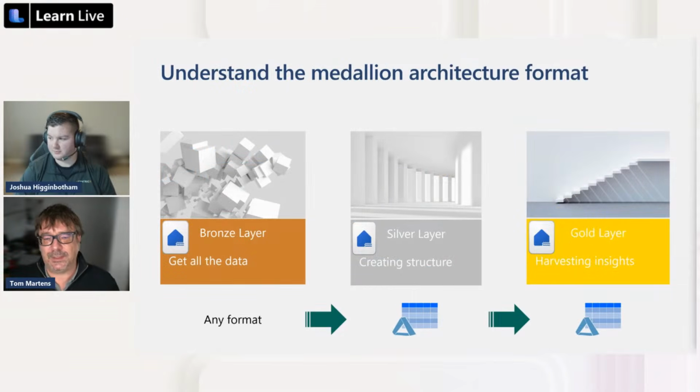This looks a little bit different, but it's the same. Bronze layer, it's getting all the data. Data is landed without any transformation, and it's still, let's say, the source format. So it can also be very special if you're talking about relational data, but this is a different topic altogether.